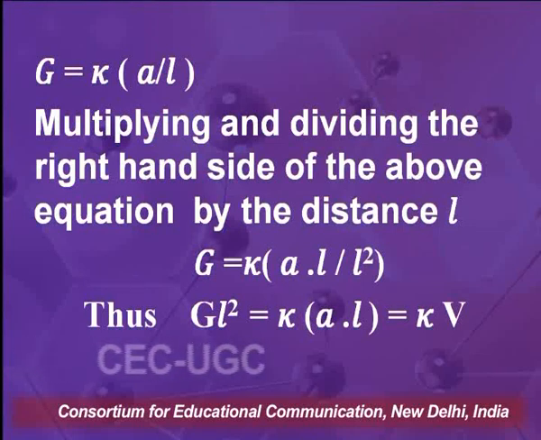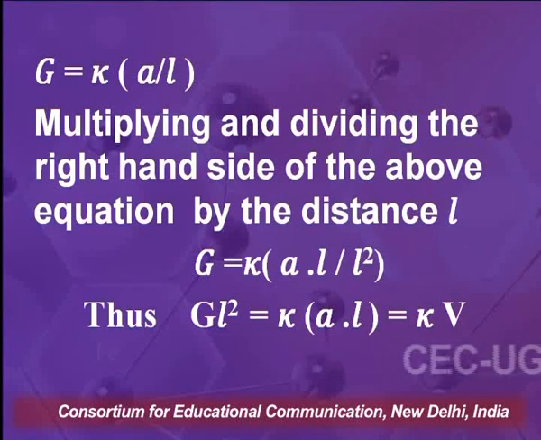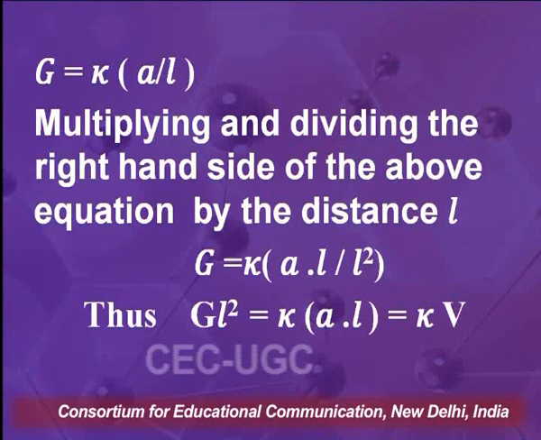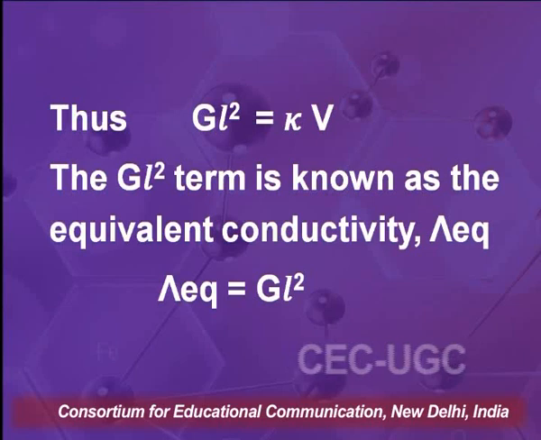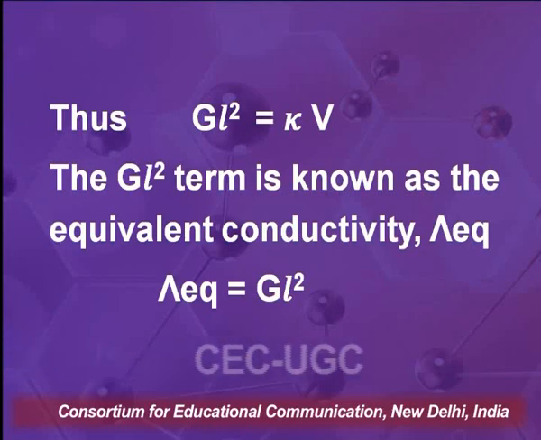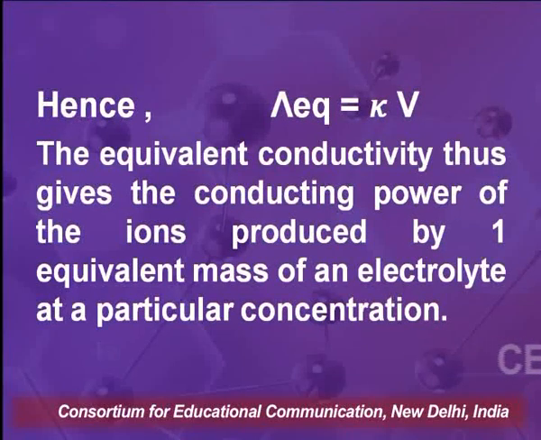Thus, GL square is equal to kappa A into L. We know product of area into length is volume. So, GL square becomes equal to kappa V, and GL square is known as equivalent conductivity. Therefore, lambda equivalent, which is equal to GL square, becomes equal to kappa into V.